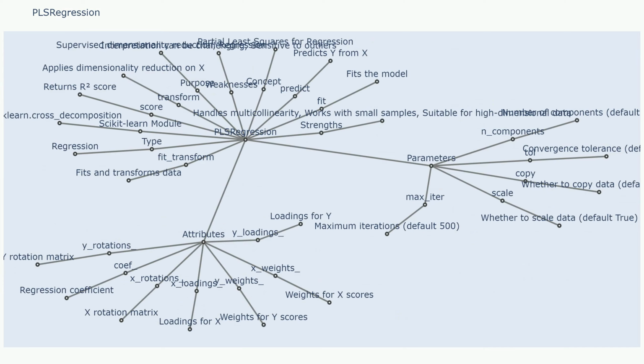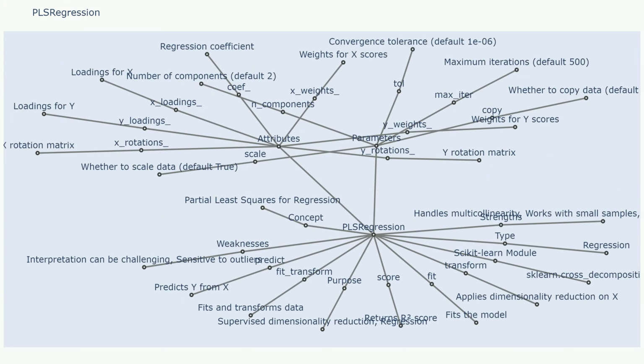Split into training and testing sets. X_train, X_test, y_train, y_test = train_test_split(X, y, test_size=0.2, random_state=42). Create a PLS regression model with 5 components. pls = PLSRegression(n_components=5).